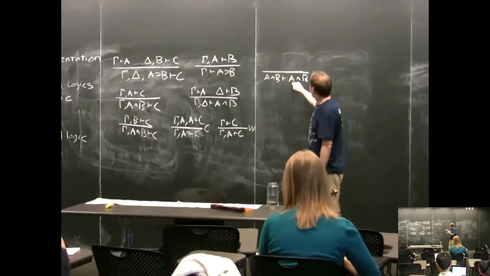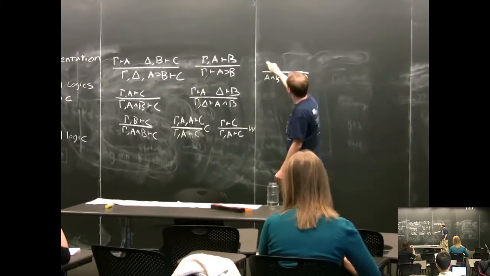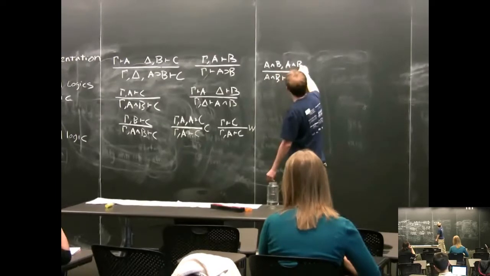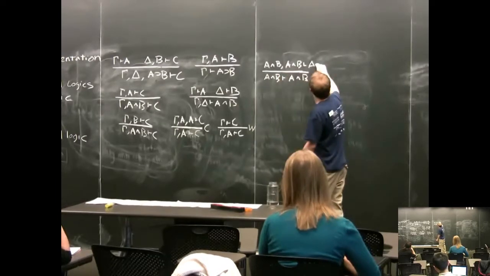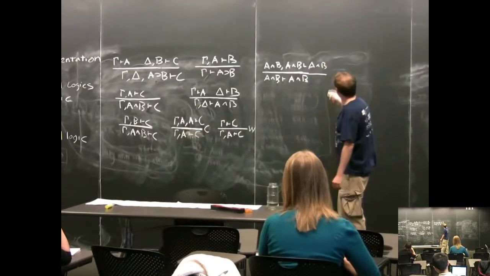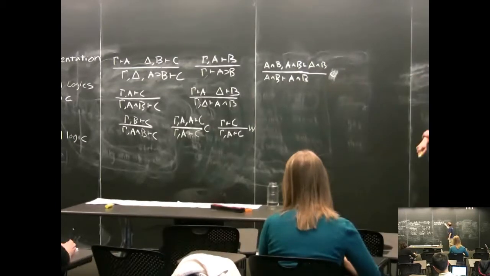So in fact, if we start trying to use these 2 rules to prove the new identity property, well, we can get A and B, A and B, using weakening. Sorry, contraction, thank you.